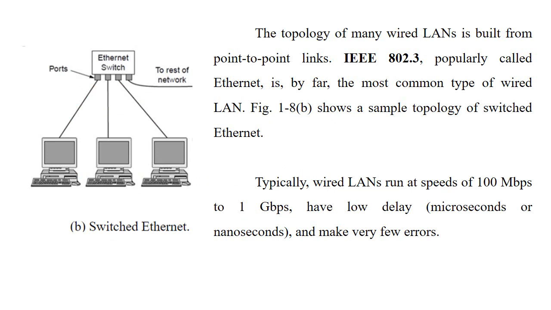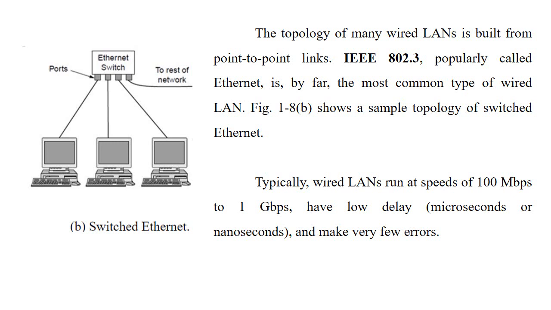The next type of LAN network is the switched Ethernet. What is this switched Ethernet? It uses a different IEEE Ethernet standard, which is 802.3. This is the most common type of wired LAN.